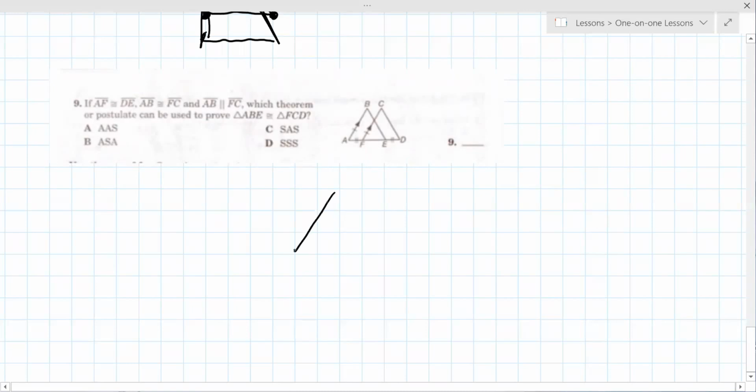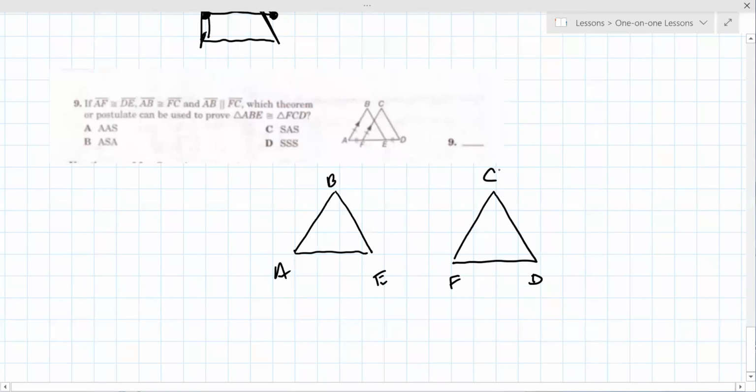So what I would do is I would actually draw them separately: ABE, and then FDC. So what I see is that this side is congruent to this side. I'm just drawing on those right there. And then these are congruent to this. And then because these two lines are parallel, you can show that this angle is congruent to this angle.